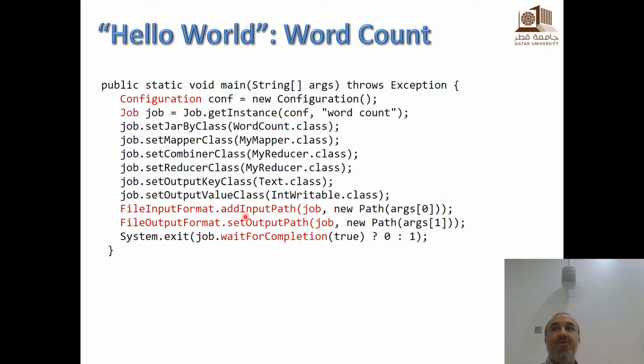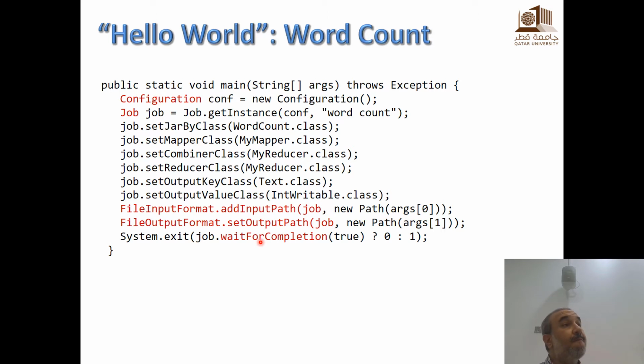Remember, the MapReduce job will read the input from HDFS and write the output in HDFS. So these paths have to be HDFS paths, not local paths. And this will just wait for the job until it completes.